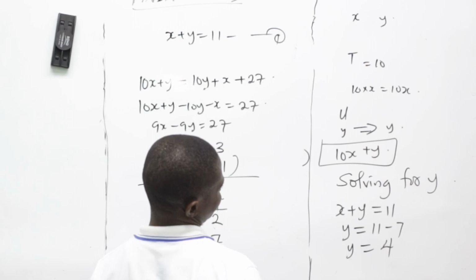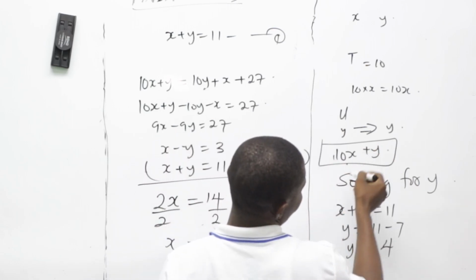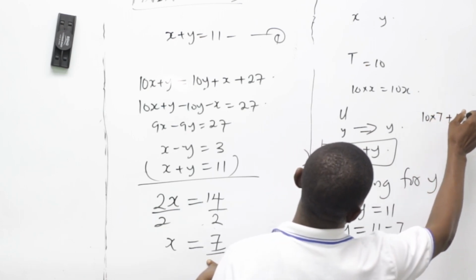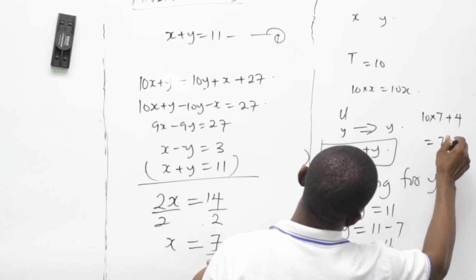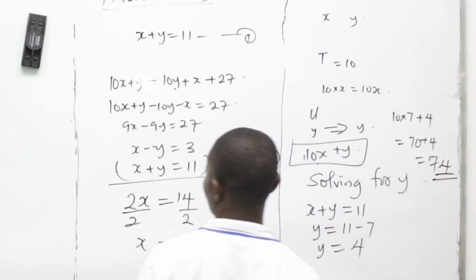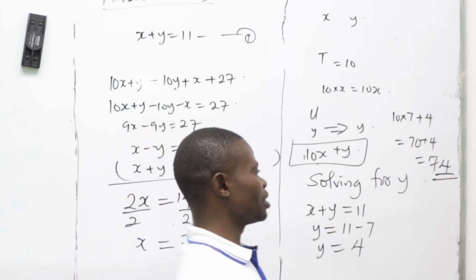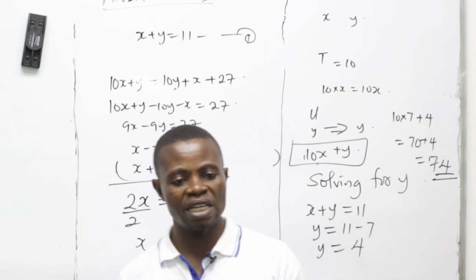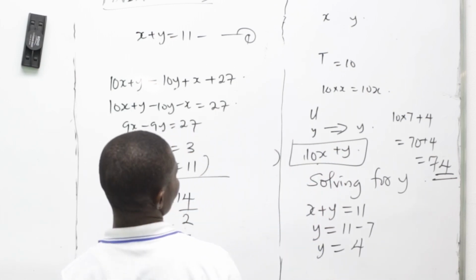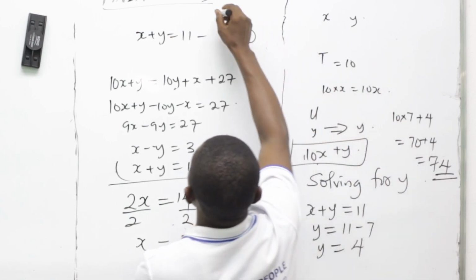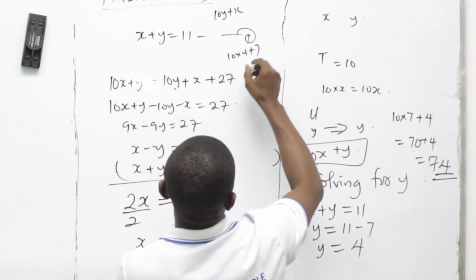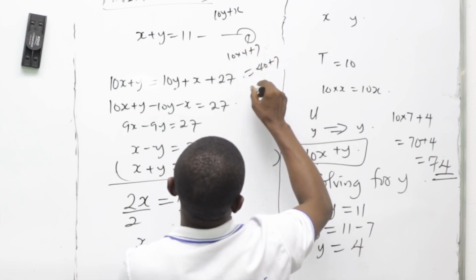Then what are the numbers? Say the number, 10x plus y, meaning 10 times x, 7, plus y, 4. That is 70 plus 4 equals what? 74. The number will be 74 if it is not interchanged. But the number will now be this when interchanged, meaning 10y plus x, that is 10 times 4 plus 7, 40 plus 7.